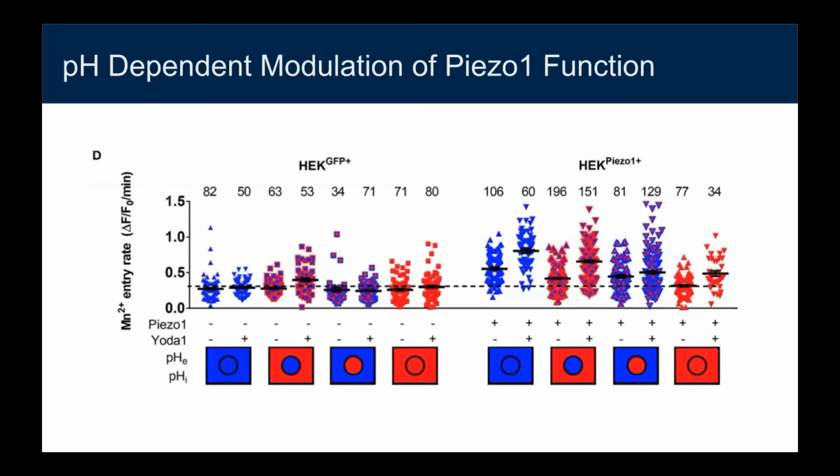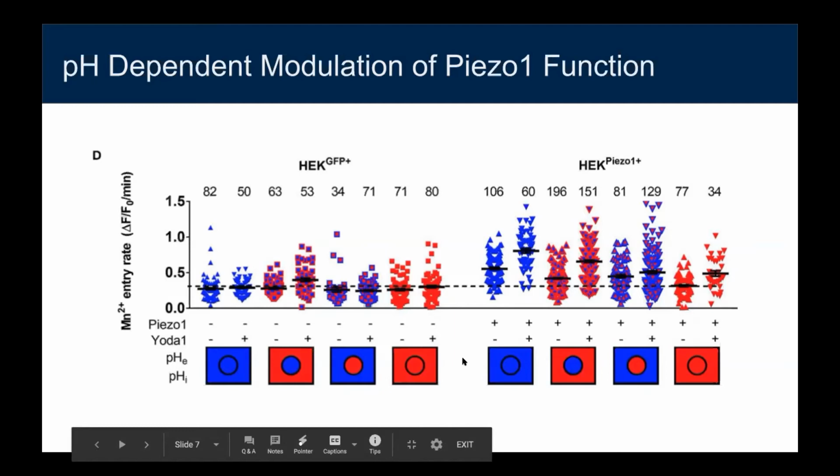And so getting back to the acidosis, we mentioned earlier that PDAC, these tumors or large conglomerations of cells, is characterized by high acidity, or low pH, sorry. So acidosis. They're testing how this acidity possibly affects Piezo1 function. On the left here, they just have control with GFP transfected cells. But on the right here, we're showing different intracellular and extracellular pHs.